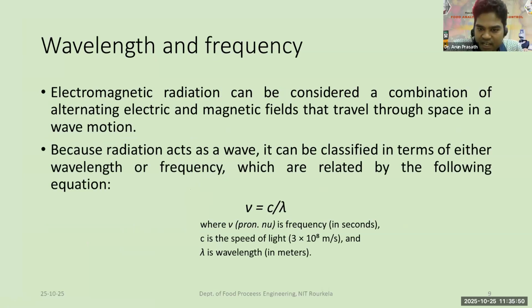Electromagnetic radiation can be considered as a combination of an alternating electric and magnetic field that travels through space in a wave motion. Because the radiation acts as a wave, it can be classified in terms of either wavelength or frequency. We can represent it both ways, which are related by the equation ν equals c by λ, where ν is the frequency, c is the speed of light, which is 3 × 10^8 meters per second, and λ is the wavelength in meters.